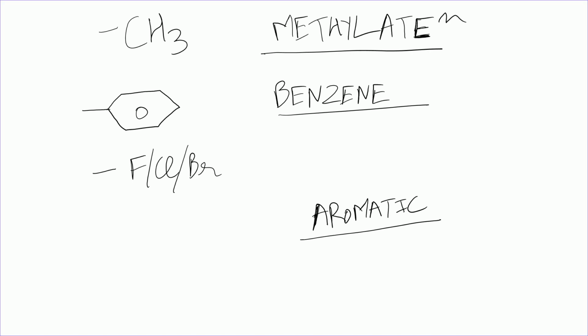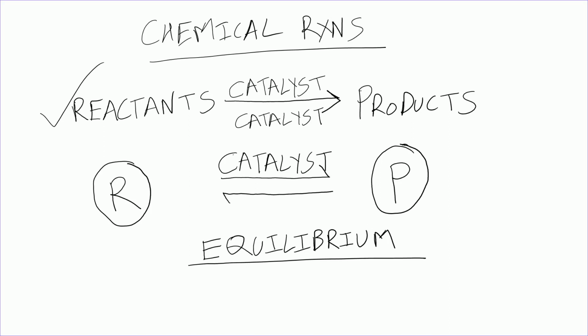By the end of today, let's summarize the fact that we are talking about organic chemistry, its reactions, its basic functional groups. What do you call them? We are dealing with, at the end of the day, chemical reactions. By the next class we begin, you should be comfortable with these chemical reactions.